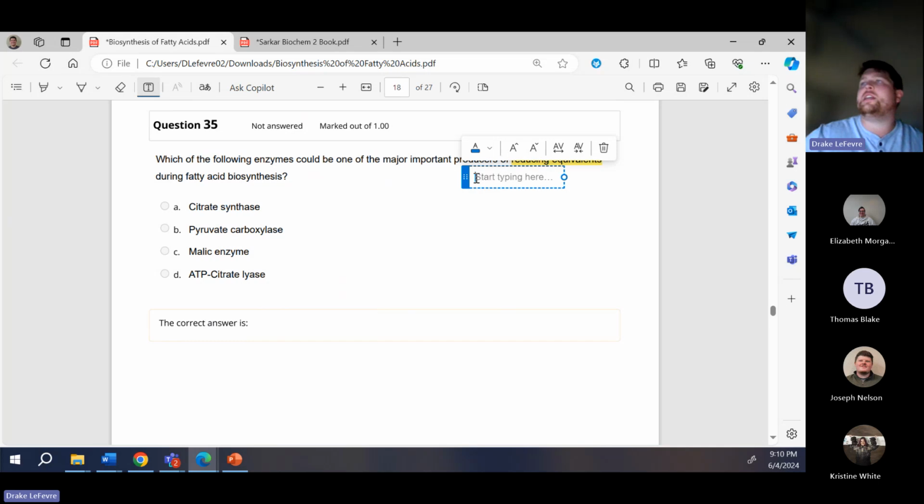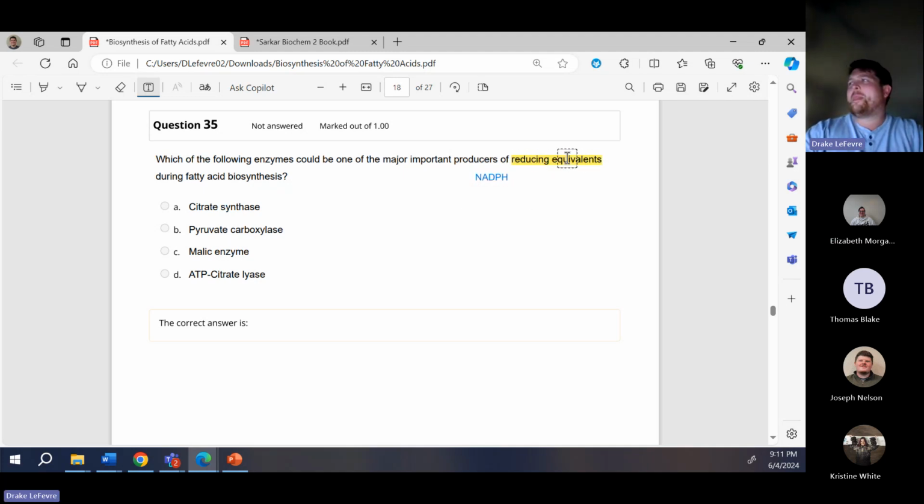What's our main reducing agent that we're using during fatty acid biosynthesis? It's the NADPH, yeah, our NADPH.